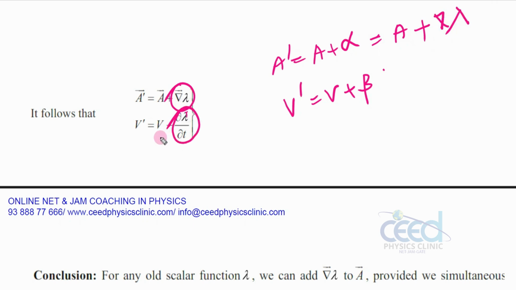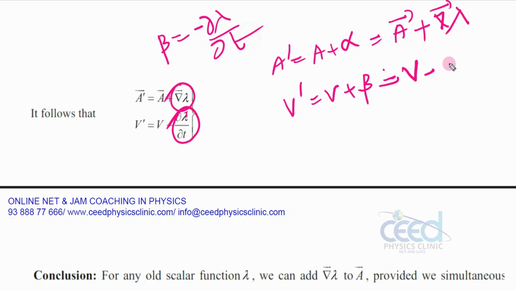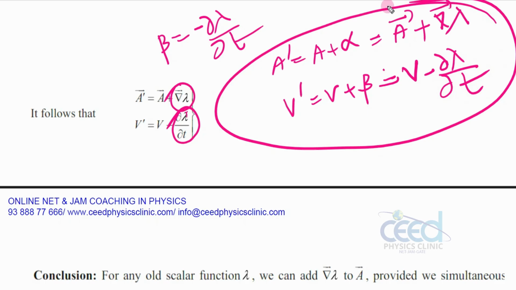So the vector potential becomes A plus del lambda, and the scalar potential becomes V minus dou lambda by dou t, as we derived. Under gauge transformation, if the vector potential is varied, it should be A plus the gradient of lambda, and the scalar potential should be V minus dou lambda by dou t, right?